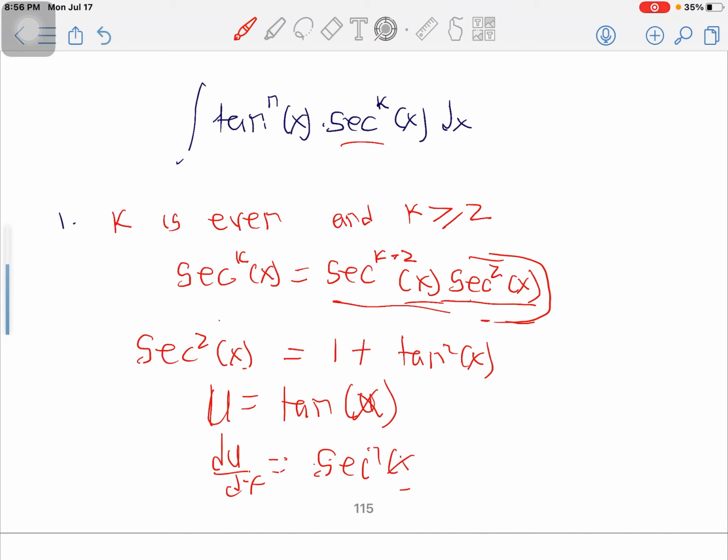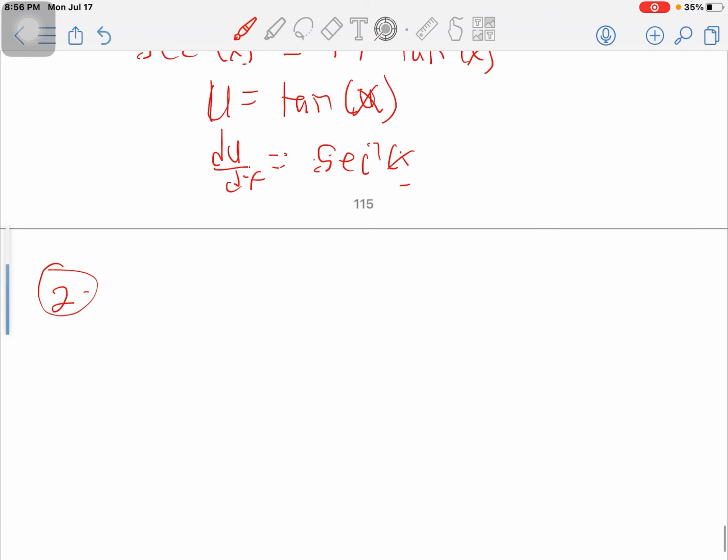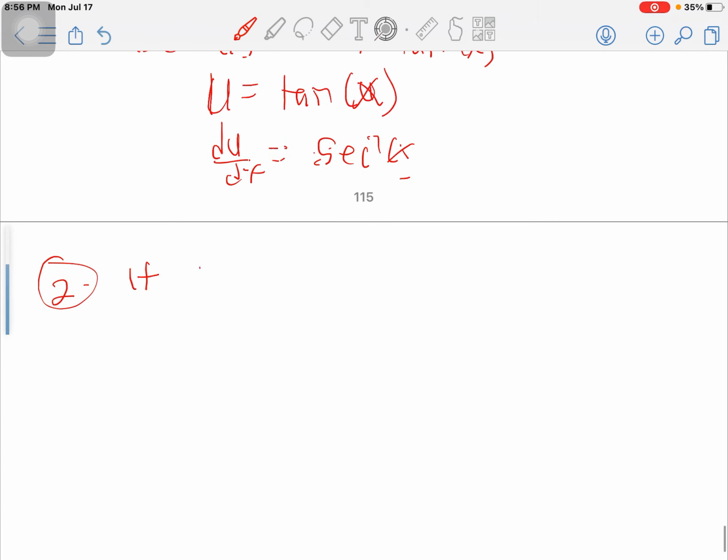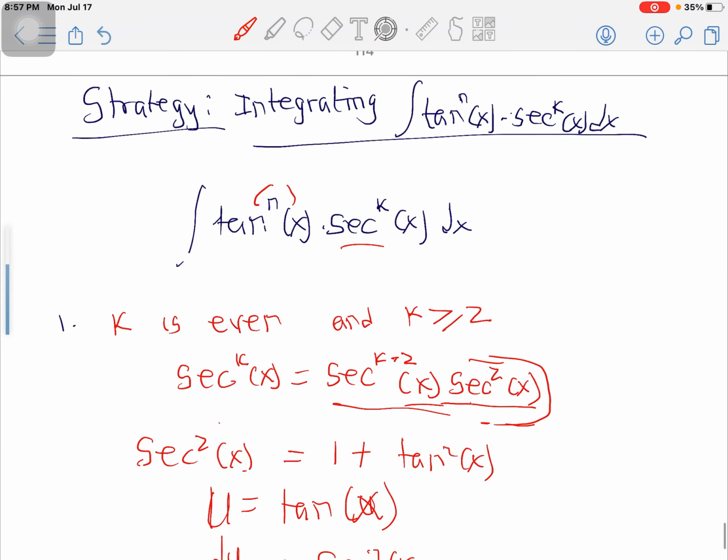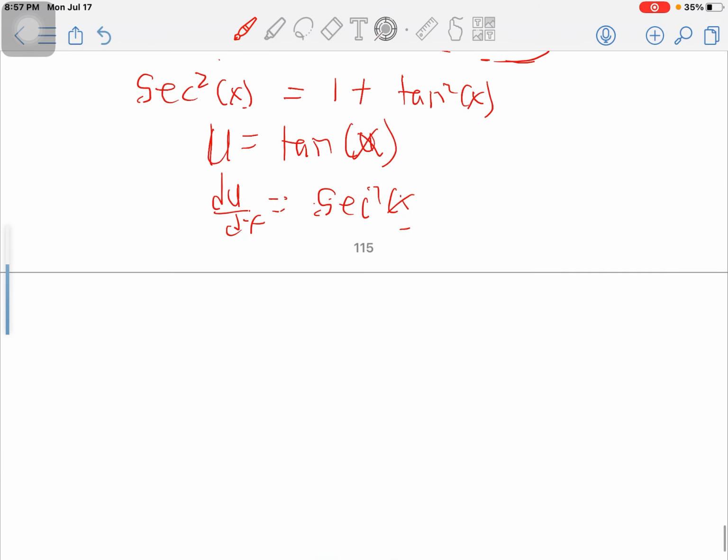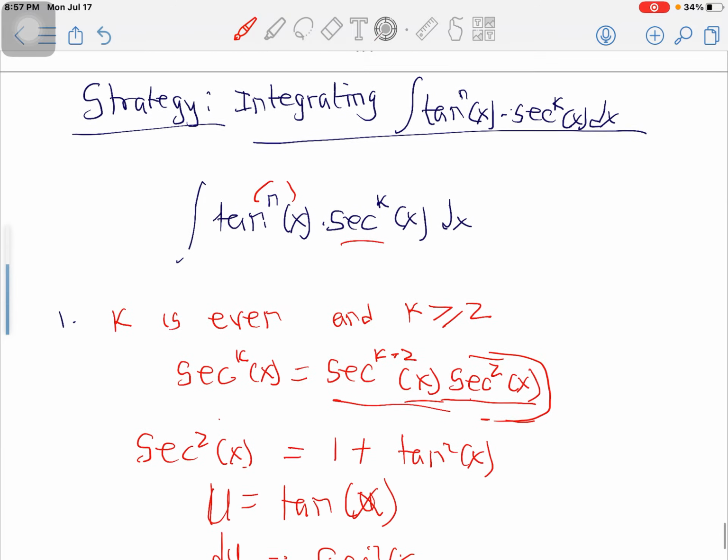The second strategy is that if this value of n is odd, let me, before I proceed, write this one over here.